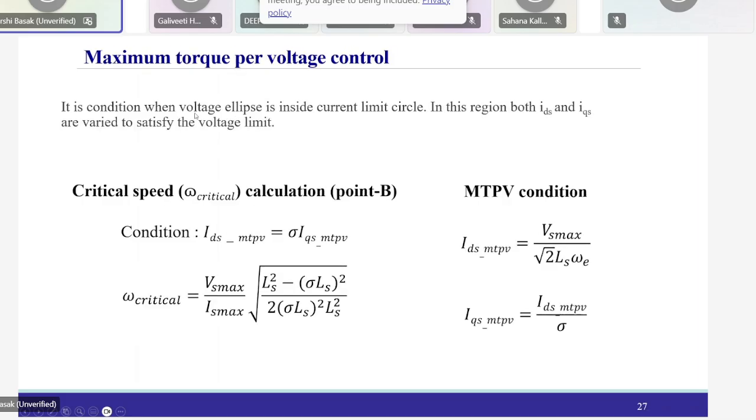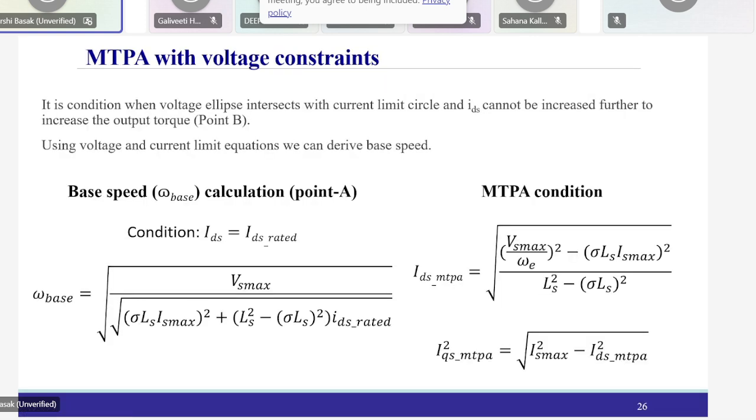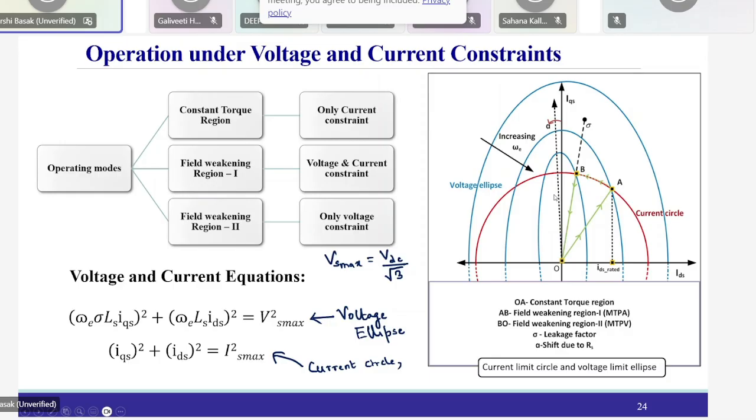And once the voltage has shrunk and come down to the max point, suppose at this position, which is point B, this point B corresponds to where the voltage limit ellipse will no longer be able to stay at or below this, and it will shrink within the MTPV.